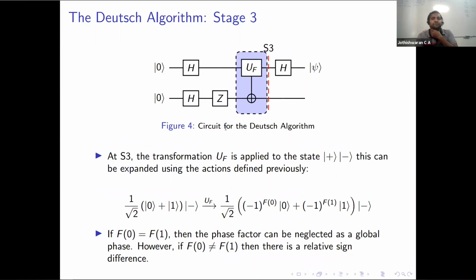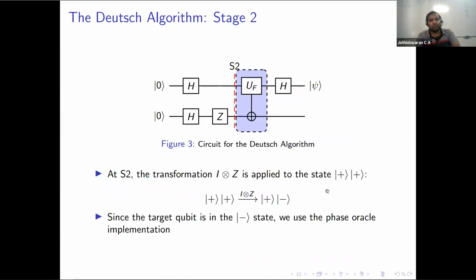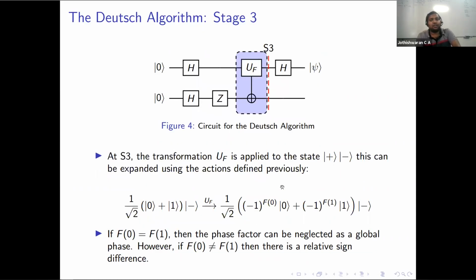Stage 3. I suppose you've followed that the state here would be plus tensor minus. Since the minus is being passed into the target as defined before, this will turn my bit oracle into a phase oracle. The minus state will go as itself, whereas a phase factor corresponding to the output of the function is acquired.